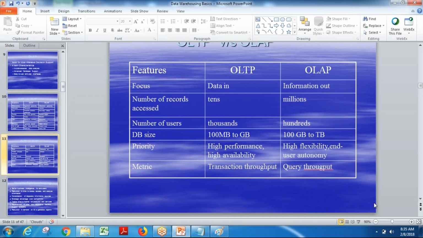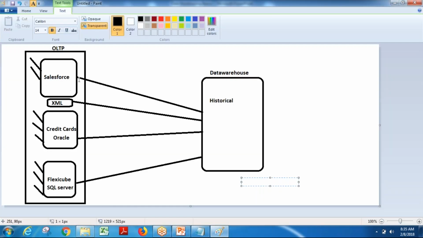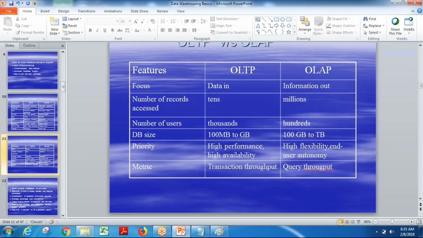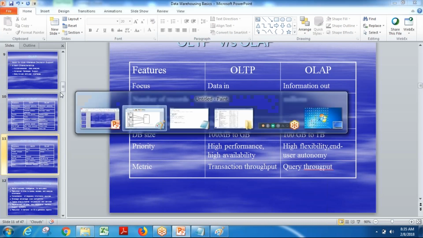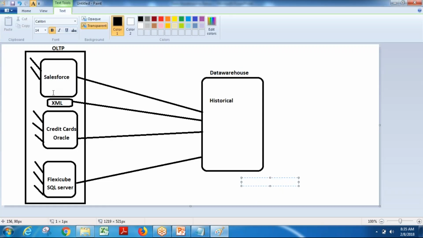Since data will be continuously added to the OLTP system every day, there is a new customer, you go and record that information, right? Since we don't store the historical data in the transactional system, the volume of data in the transactional system will be less. But since every time we store the data, the historical data is captured in the data warehouse, over a time period millions and millions of records get created in the data warehouse.